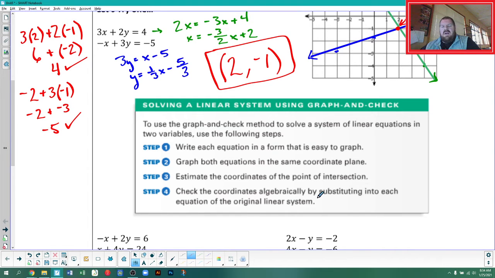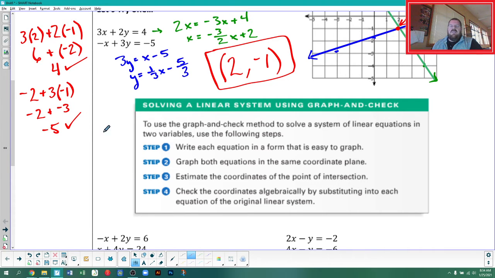Most of the time, I'm going to say, give me a solid guess at where you think those two lines cross. And as long as you have straight lines and they don't veer off any severe amount, you should be able to tell pretty easily, mainly because of the ones that I picked. Then step 4 is to check the coordinates algebraically by substituting each into each equation of the original linear system.